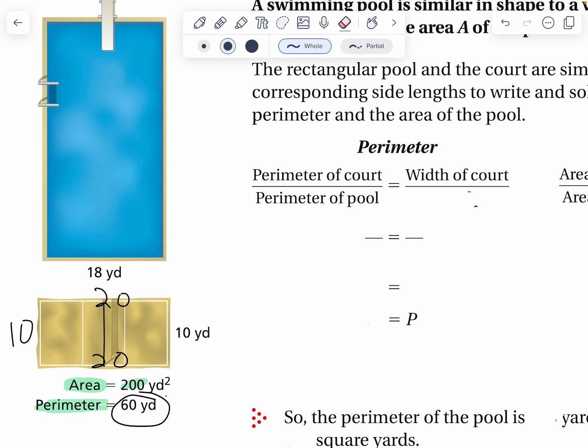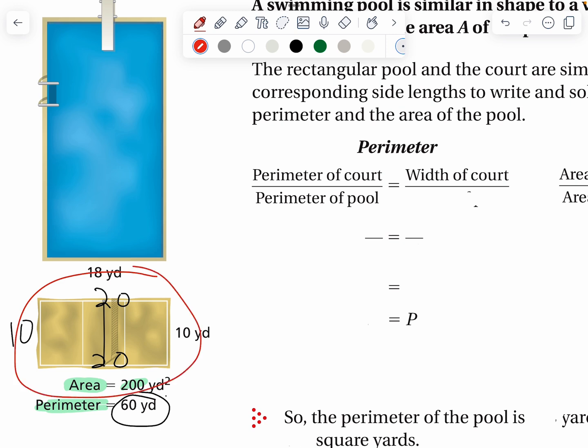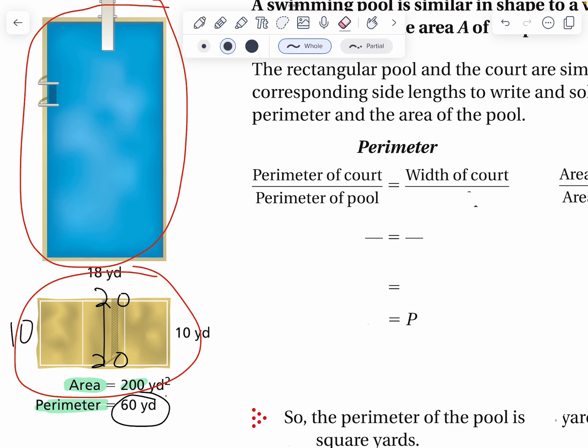The perimeter of the tennis court over, or divided by, because fractions are division, the perimeter of the pool should equal the width of the court over the width of the pool.